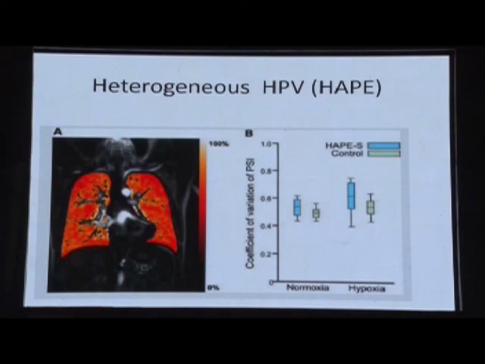Some of the people who go there develop pulmonary edema, and some don't. Looking at the perfusion scan, they found that people with more heterogeneous flow in the lung have a higher risk of developing pulmonary edema versus those with more homogeneous circulation in the lung.